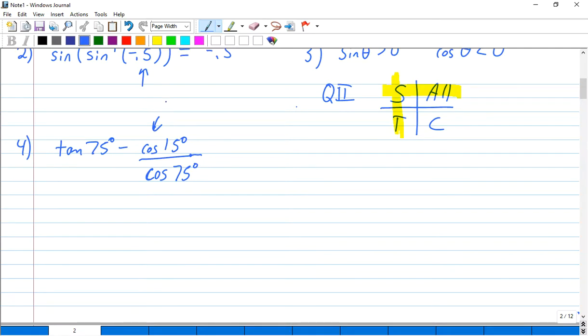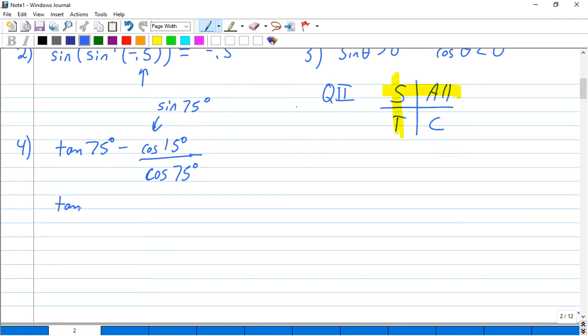I think that's what it's called, but you use cofunctions, right? So the cofunction for cosine is sine. And the rule is, if the two angle measures add up to be 90 degrees, then they're equal. So the cosine of 15 is the same thing as the sine of 75.